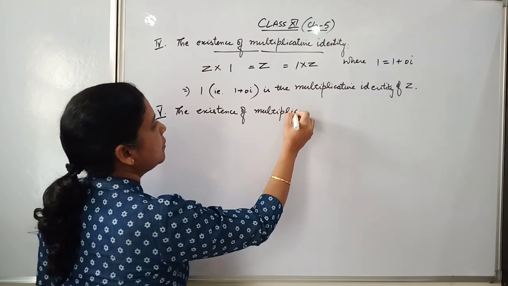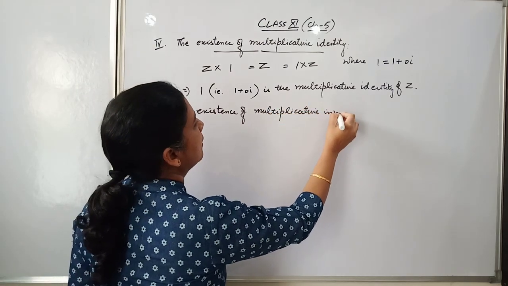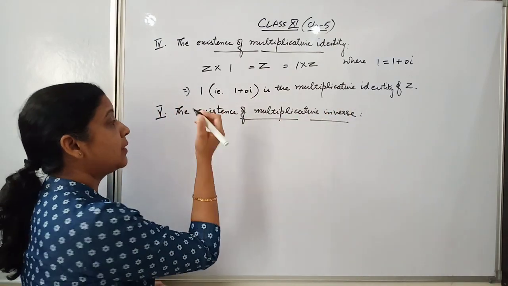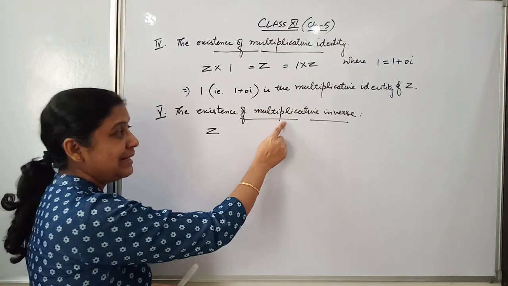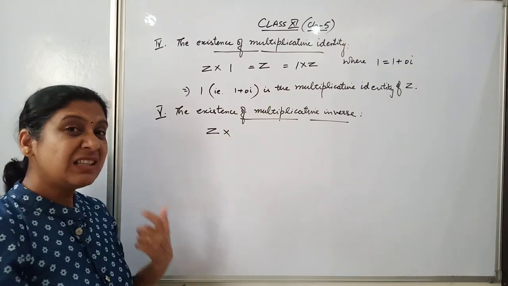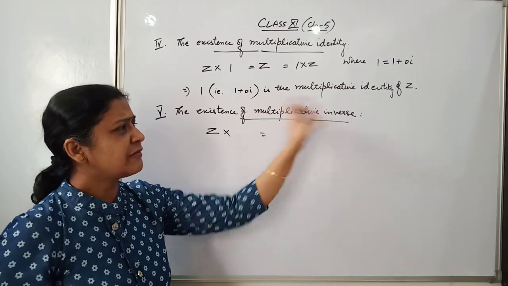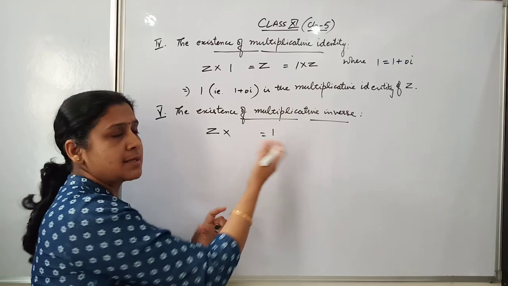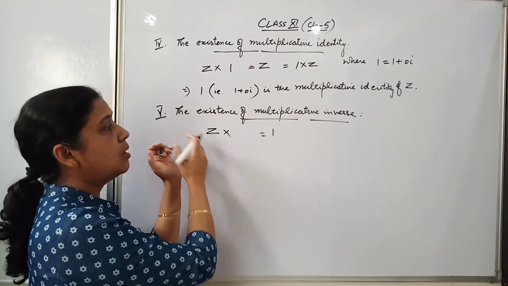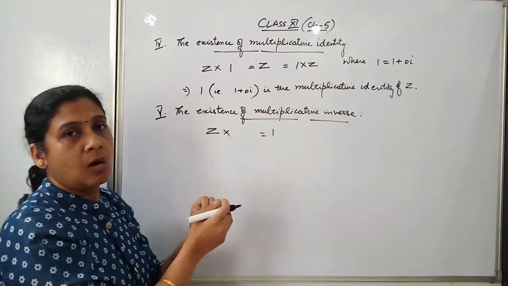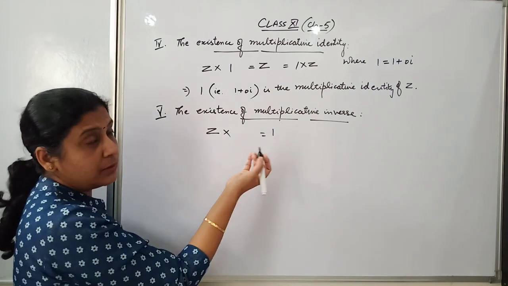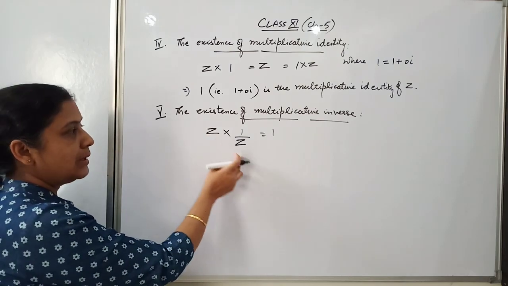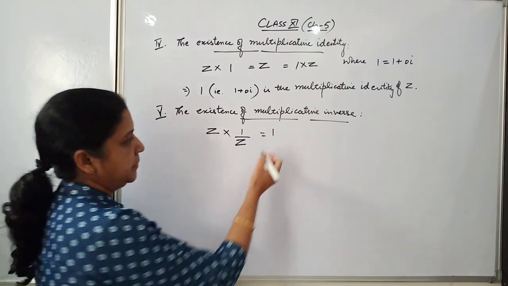Next is fifth, the existence of multiplicative inverse. Let's understand the name again. I do have a complex number Z. I want to multiply this complex number with some number such that it gets its identity back. Identity क्या थी? 1. ये identity पे पहुंचना चाहता है. अब मैं Z को किससे multiply करूं कि I should get its identity back? Obviously, everybody would tell me, ma'am, just multiply with its reciprocal because these two will cancel down and the result will be 1.